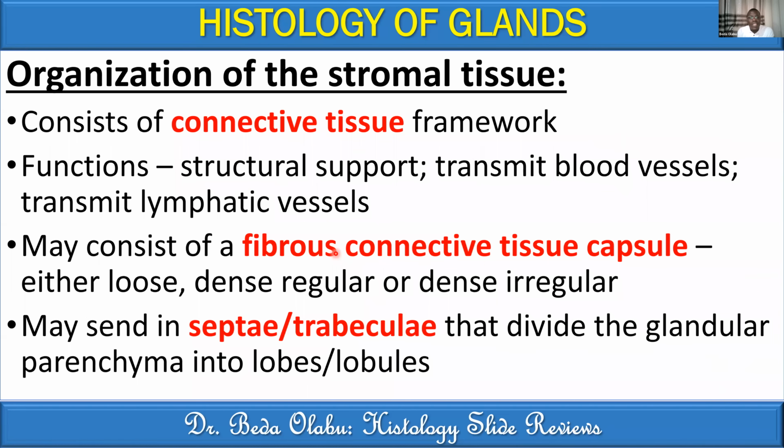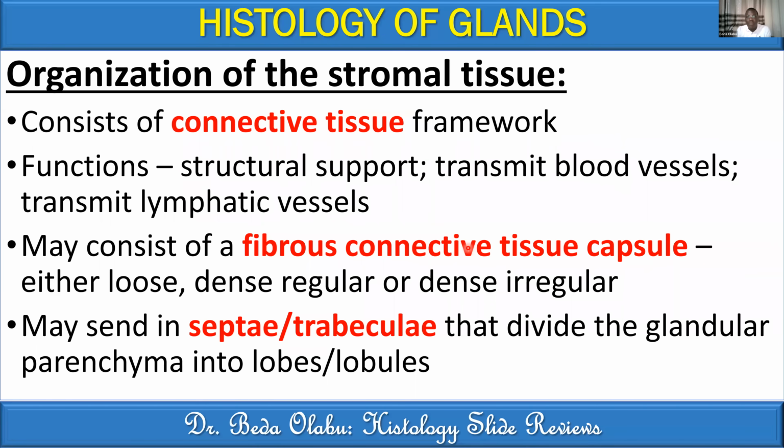The other thing that the stroma consists of is that this connective tissue capsule may send in some septae or trabeculae. These are projections from the capsule. These projections go into the organ itself and tend to divide the gland, the parenchyma of the gland, into some smaller parts.